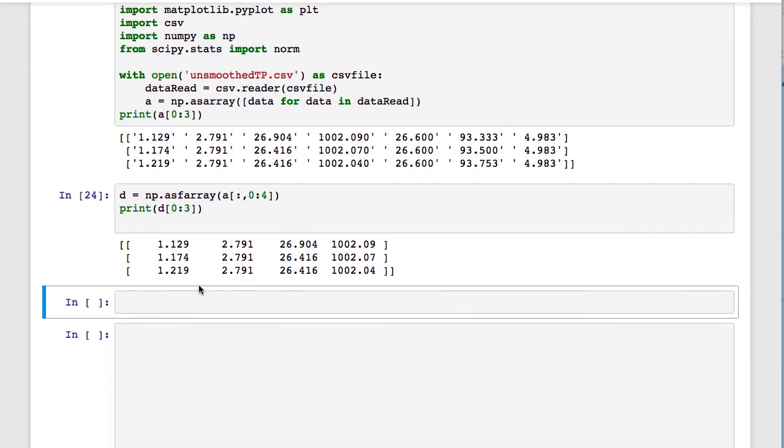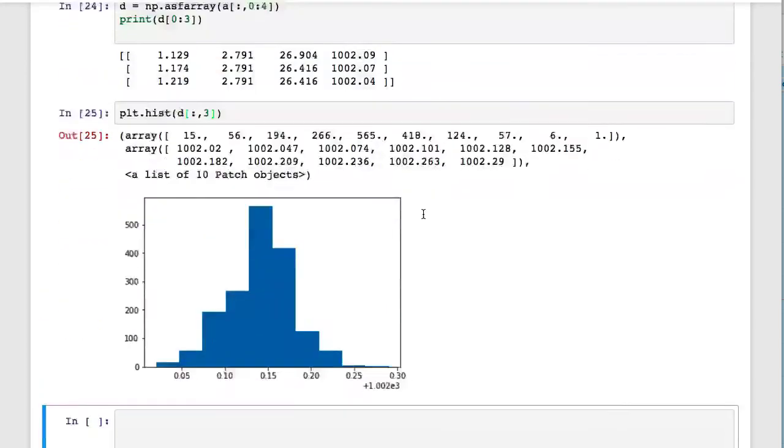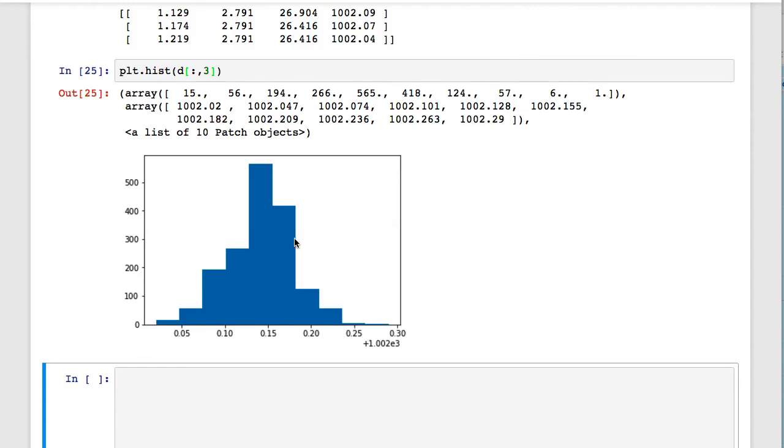And if I wanted to, I could plot a histogram of a chunk out of that data array D, and I'm interested in all the rows, and I want column number 3: 0, 1, 2, 3, column number 3. And if I plot that out, there's a histogram that I get by plotting out that data.